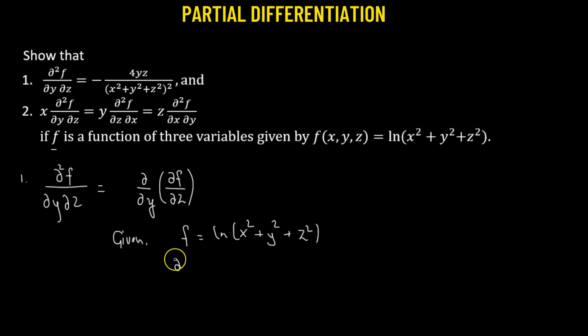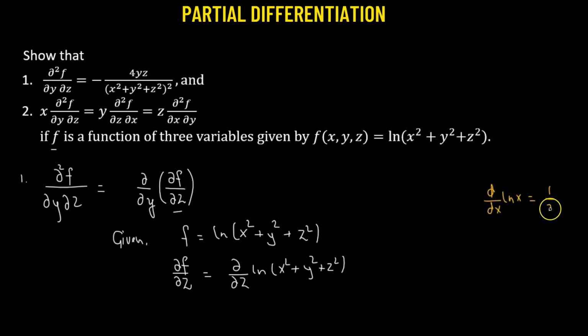Right. Now we'll take first the partial derivative of our function f with respect to z, which will be equal to partial with respect to z of log of x squared plus y squared plus z squared. Now we know that the derivative of the logarithmic function log of x is given by 1 over x.